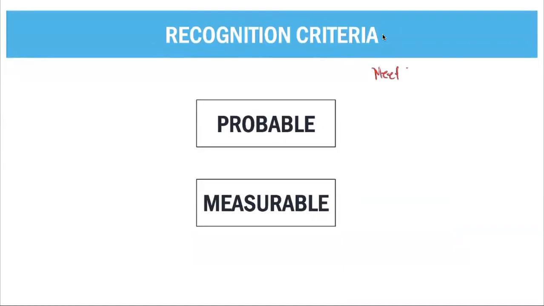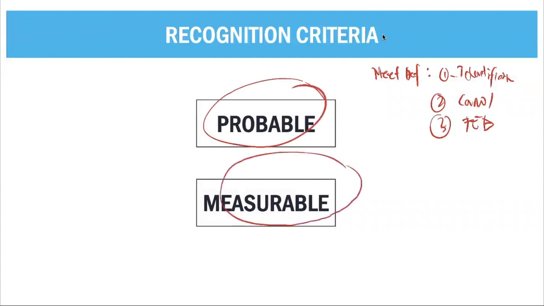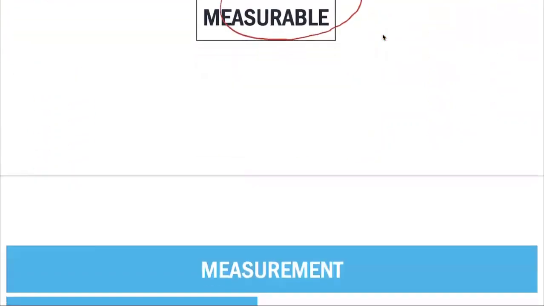You must first meet the definition based on our essential characteristics: it must be identifiable, it must be controlled, and there must be future economic benefits, including the probability and measurability criteria. This is a no-brainer to you already. Most of our recognition criteria is: meet the definition, plus probable, plus measurable. Just like any other assets that we discuss, we have the same criteria of recognition.